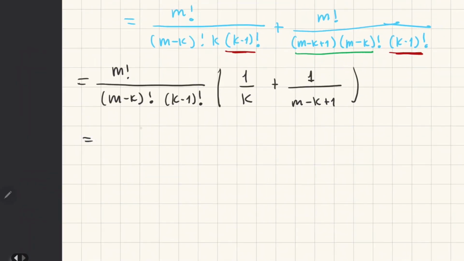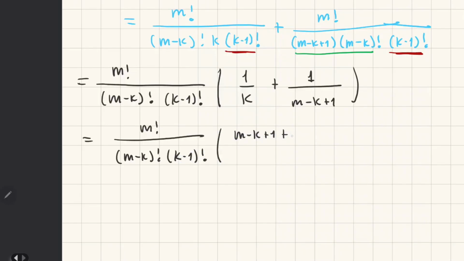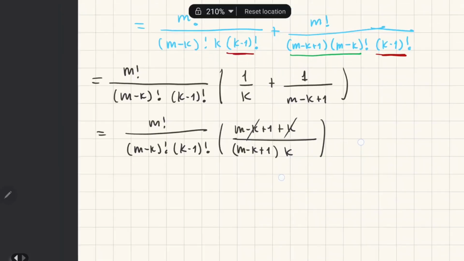So this is equal to m factorial over m minus k factorial k minus 1 factorial, and then m minus k plus 1 plus k divided by m minus k plus 1 times k. So this k is cancelled.